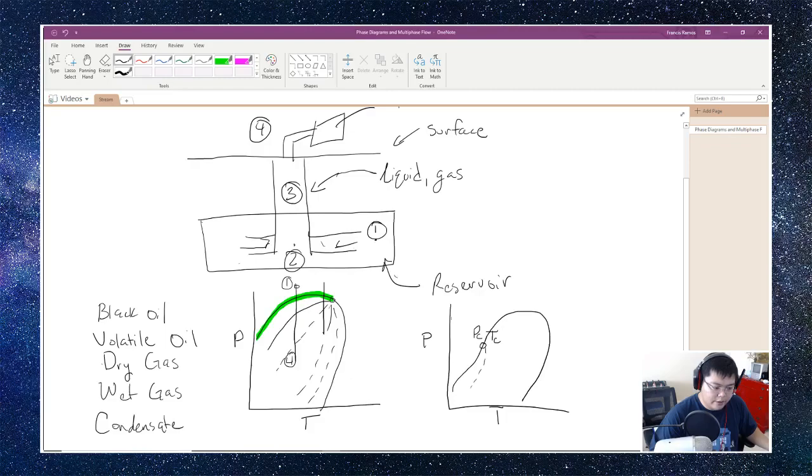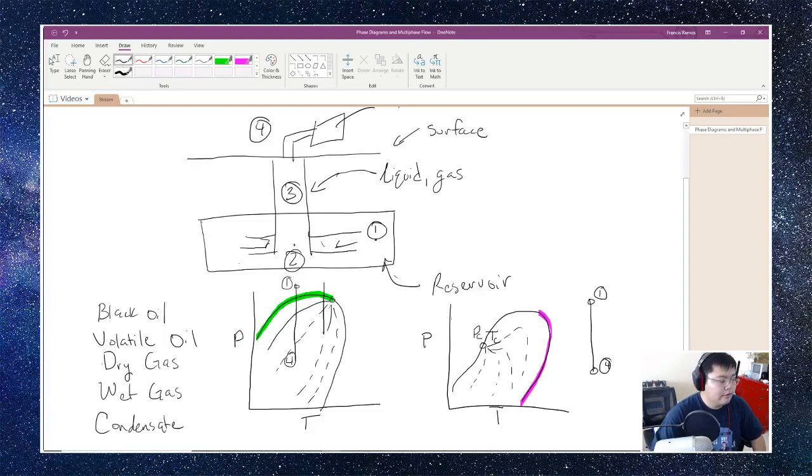And we have all of these dashed lines that make up our two-phase system. So now in a dry gas system, our reservoir conditions are going to be all the way over here. This is going to be our number 1, and this is going to be our number 4. Notice how we never touch this dew point curve over here.